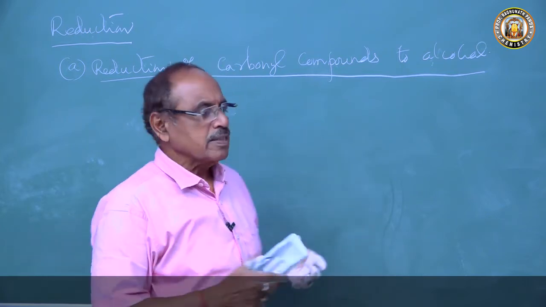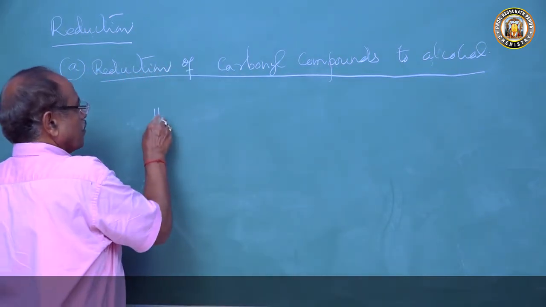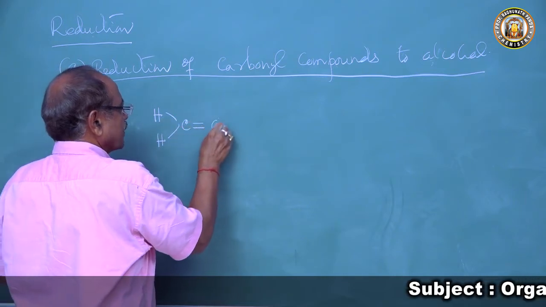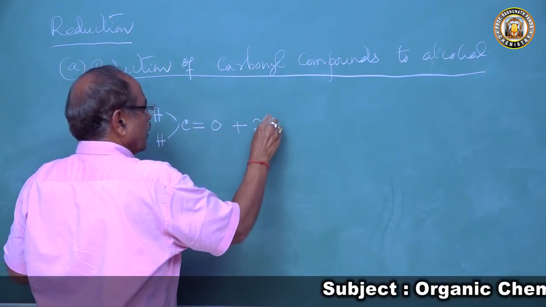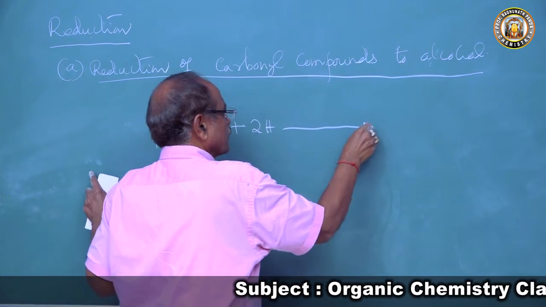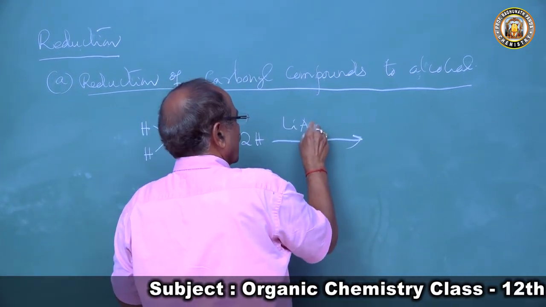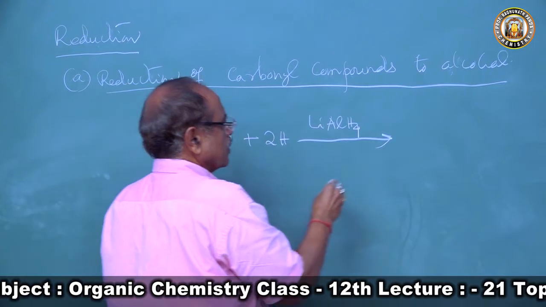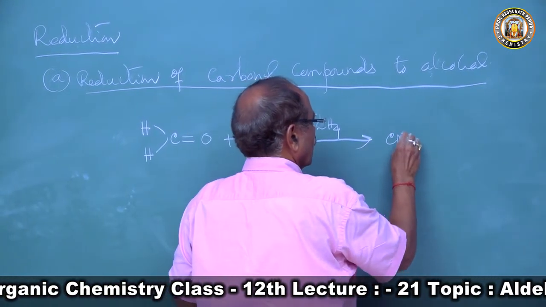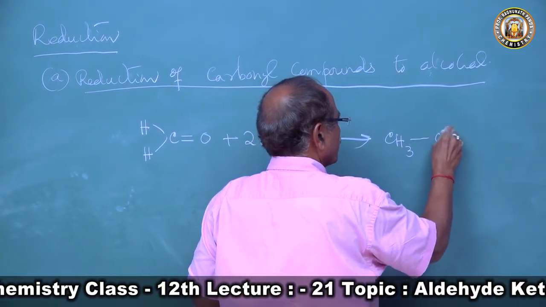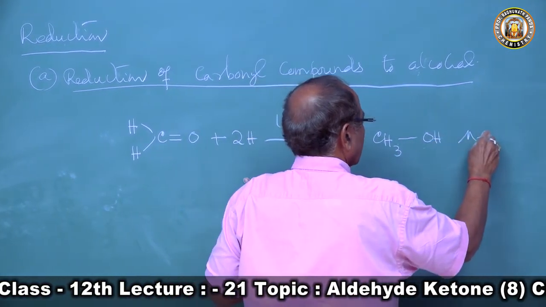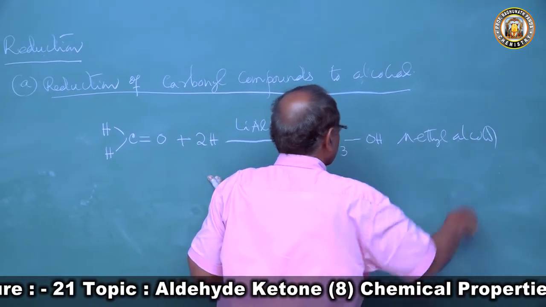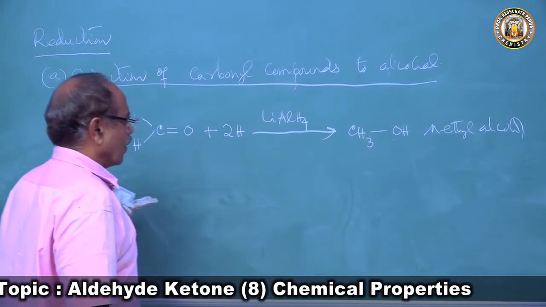Now let's take formaldehyde, HHCO, and two hydrogen atoms come. Suppose we use lithium aluminium hydride, then the pi bond will break and this will produce methyl alcohol, CH3OH. Formaldehyde on reduction produces methyl alcohol.